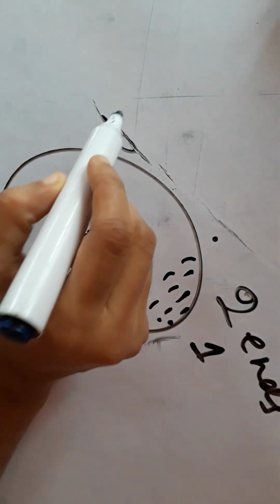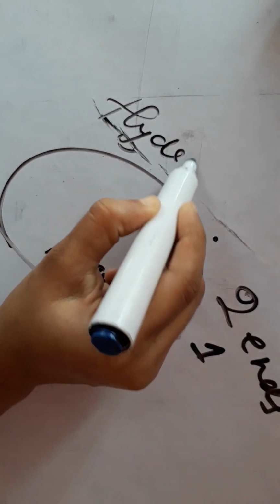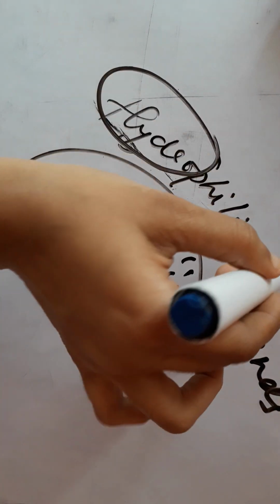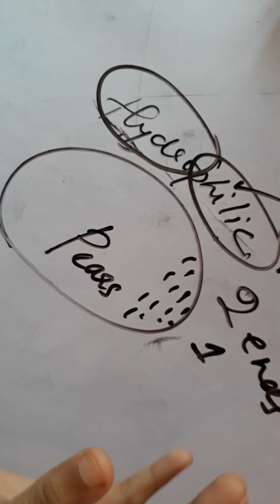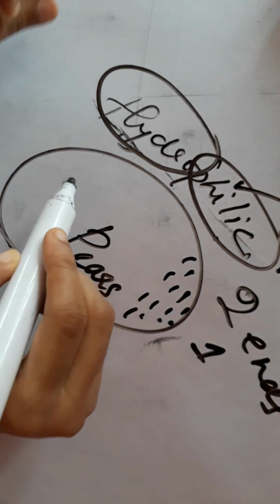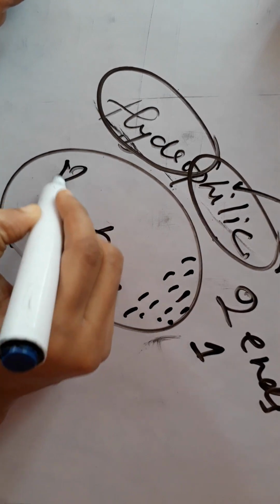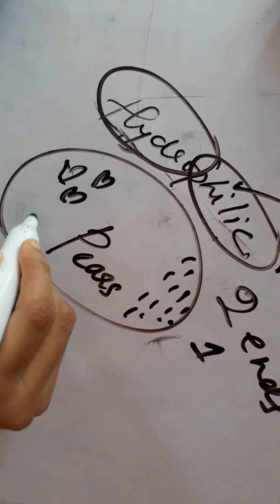The other end is known as hydrophilic. What do you mean by hydrophilic? Again, the term hydro means water and philic means loving. So it likes water. Wherever water is there, it will jump towards water. Okay, so we'll mark this side as hydrophilic.